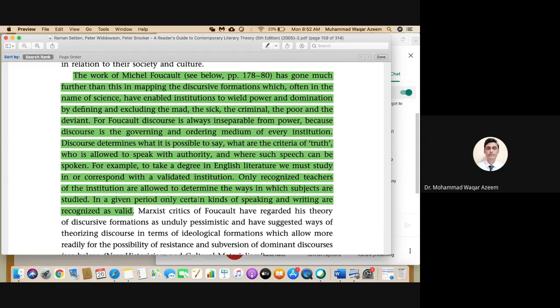In a given period, only certain kinds of speaking and writing are recognized as valid, right? So this discourse, a discursive formation which pre-exists, is tied with power structures in the society. In fact, my favorite example is not an educational institution. My favorite example is the judiciary, right?